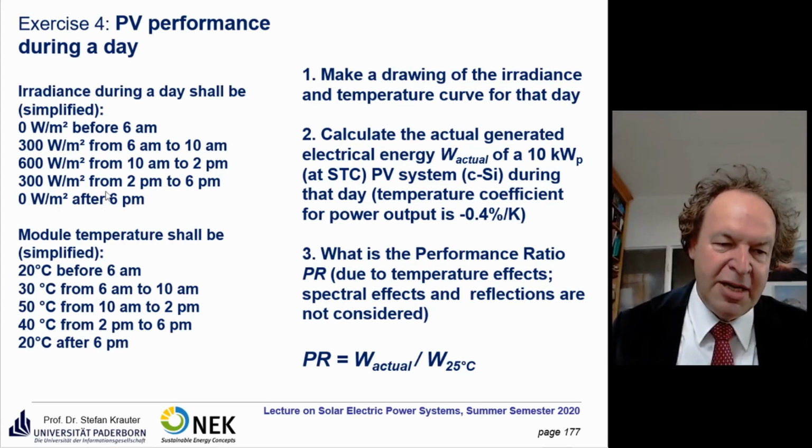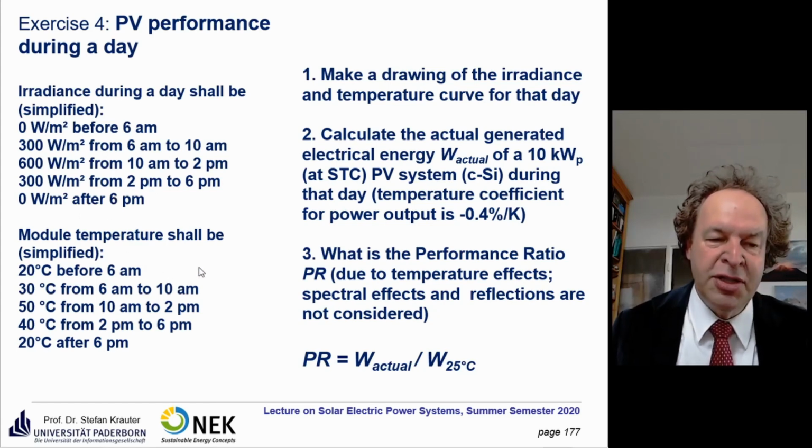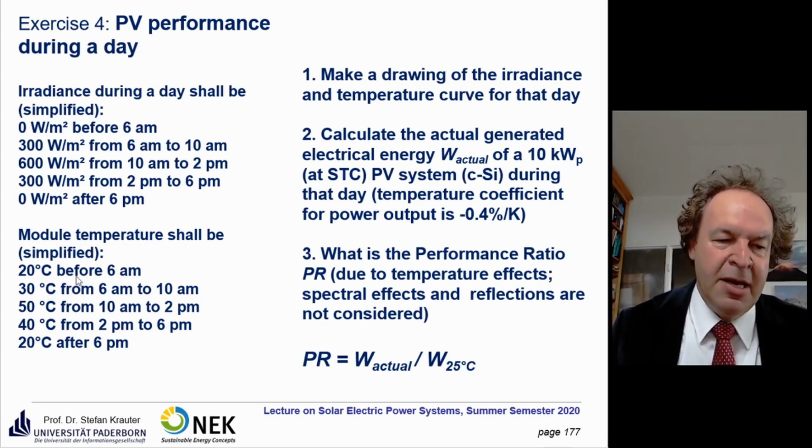So that's a profile, and according to that, you have to consider that in your performance of a PV module. But we also have to consider the temperature profile during that day. So before 6 a.m. we have a temperature of 20 degrees Celsius. Then the temperature starts to rise. It's the module temperature, not the ambient temperature.